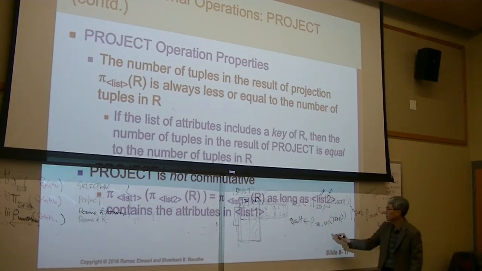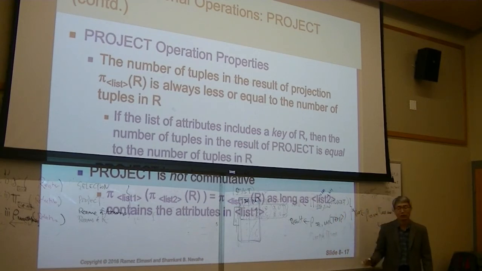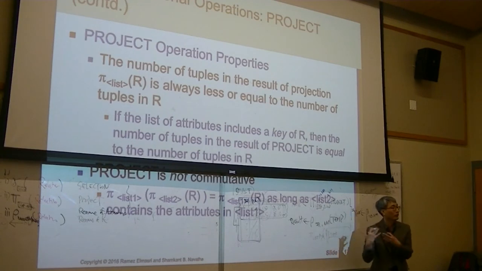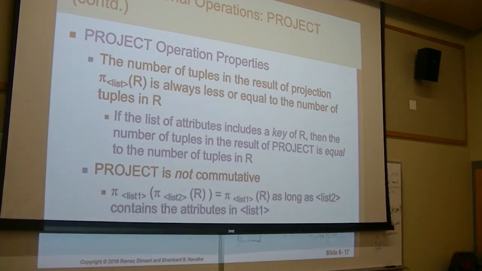So for example, SSN and name, project, and SSN, that works. However, if I change it, SSN name, and this one SSN, there's no name here. So we cannot exchange them; it is not commutative. Okay? I think you understand why project is not commutative.